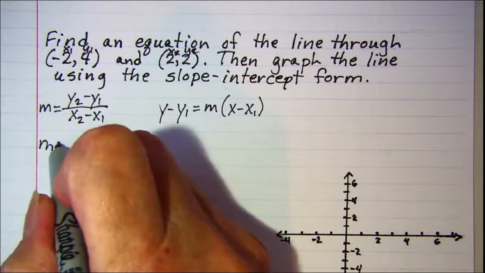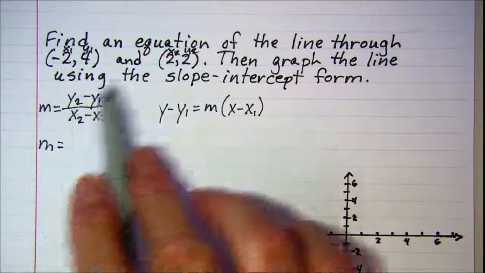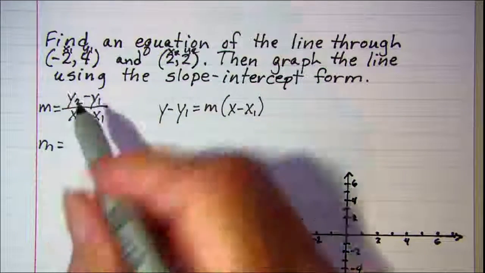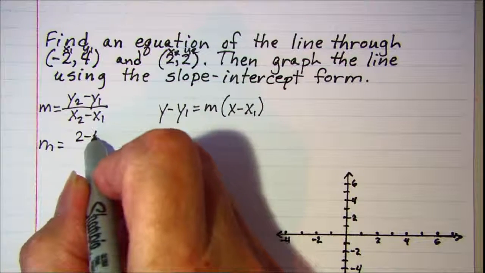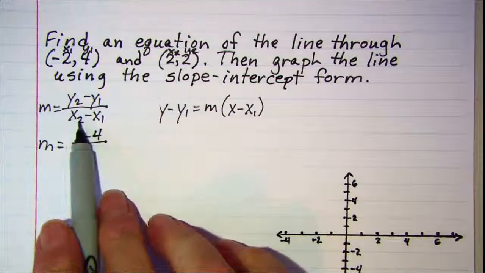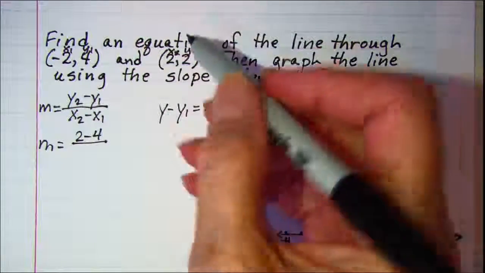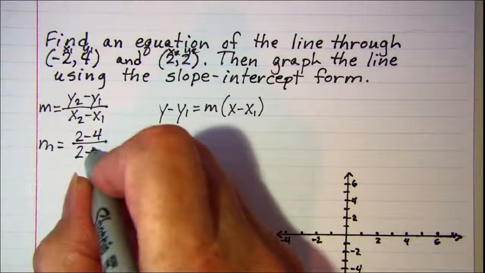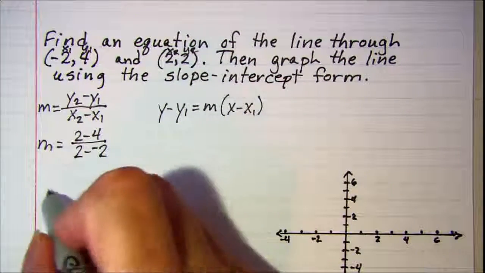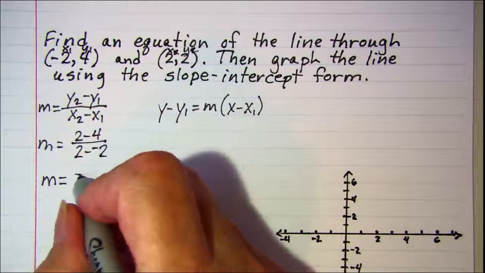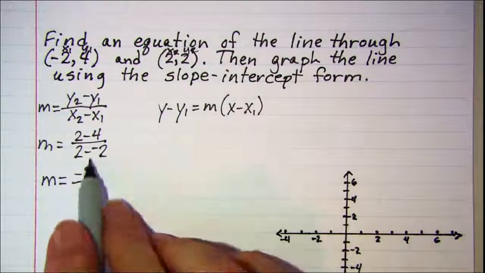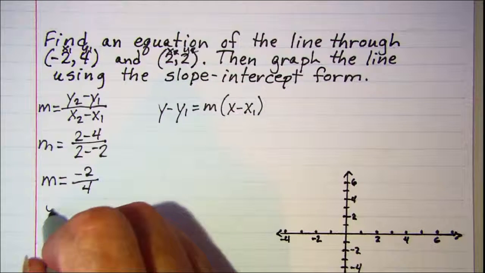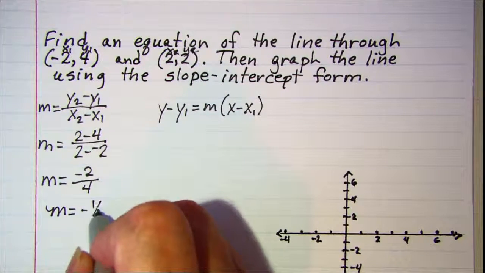So my m for this equation, I need y2 subtract y1, so 2 subtract 4, divided by x2 subtract x1, so 2 subtract negative 2. My m then is negative 2 over, these two minuses make a plus, so I have 4. So we have m equals negative 1/2.